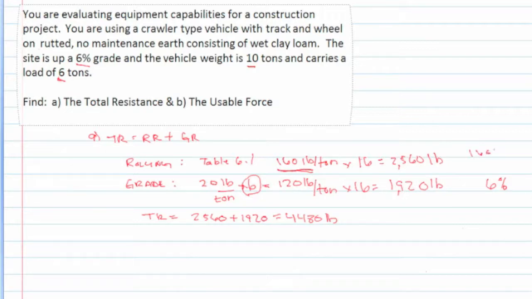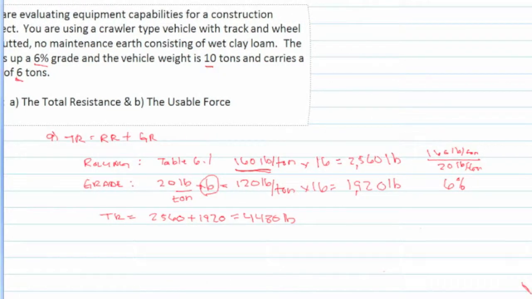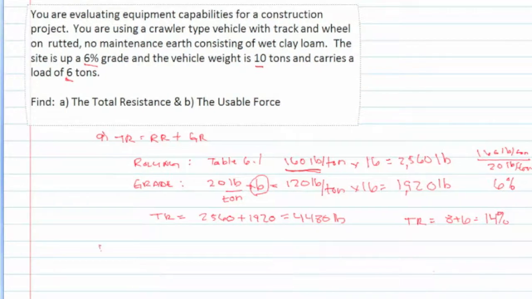So if it's 160 pounds per ton and you divide by 20 pounds per ton, and that's for every 1%, you end up with a value of 8%. So that's the equivalent grade of the rolling resistance. So the equivalent grade of the total resistance is just 8 plus 6, 14%.